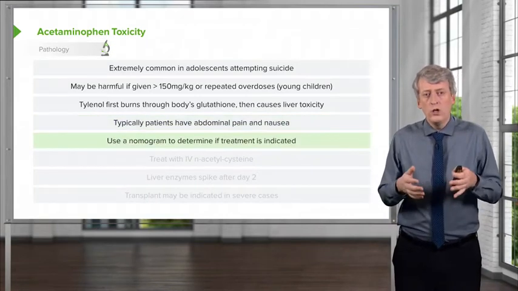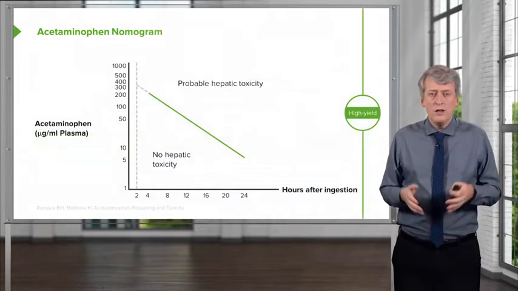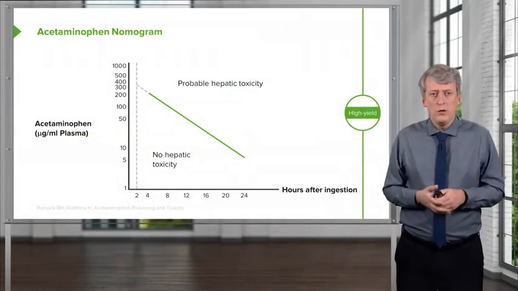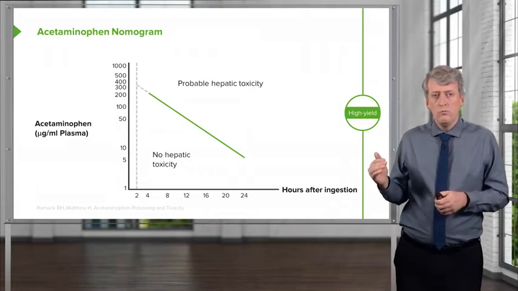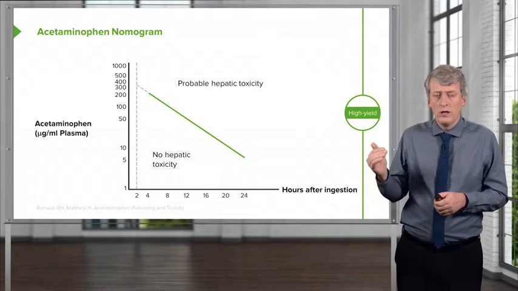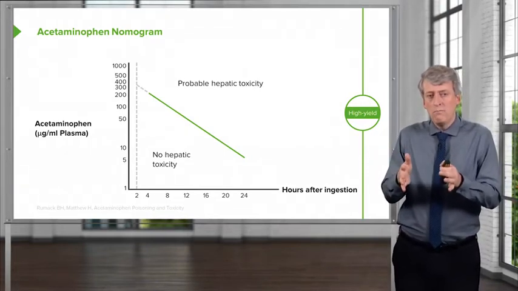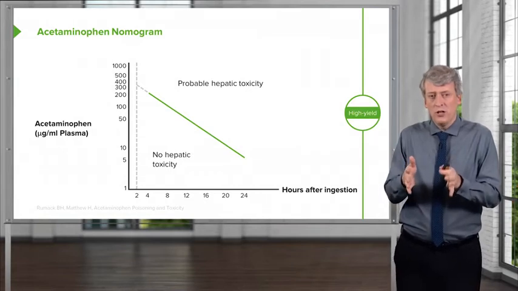We're going to use a nomogram to determine if treatment is indicated. So here's the nomogram. Typically what we do is we draw a Tylenol level, and we look in the plasma and see what the Tylenol level is. We estimate when the most likely time of ingestion was.